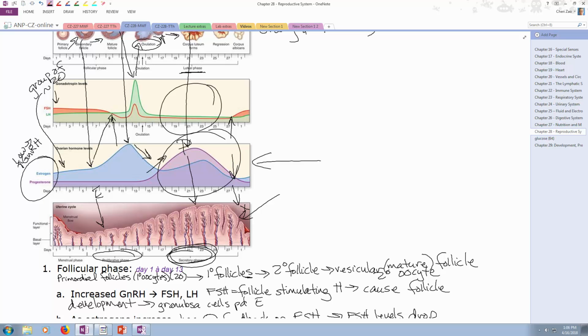But in order to recreate a normal stratum functionalis, that's what the proliferative phase is all about. So we need that estrogen hormone to help us rebuild the functional layer of endometrium that was lost during the menstrual phase.